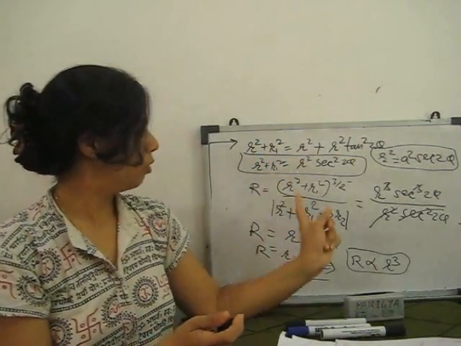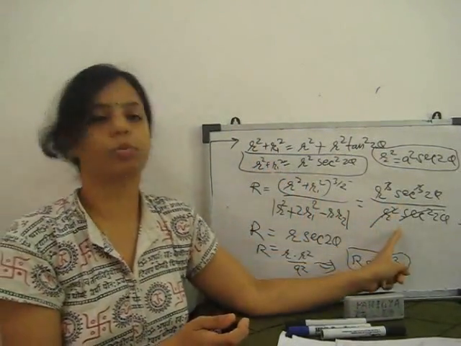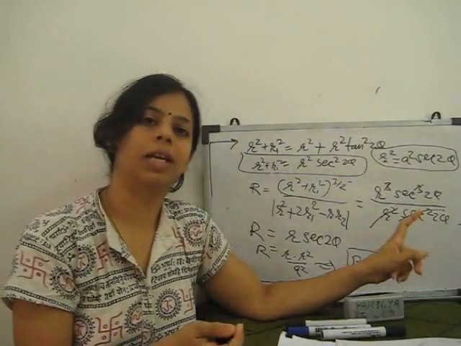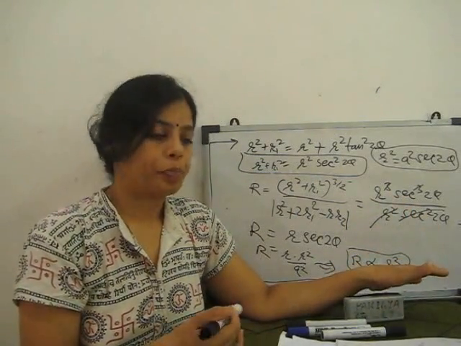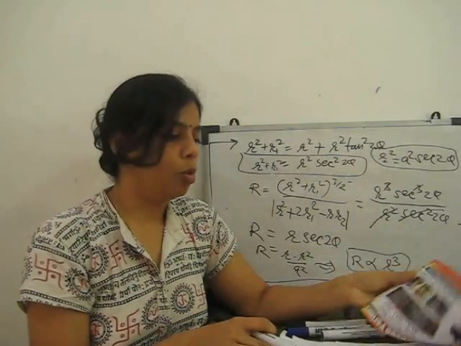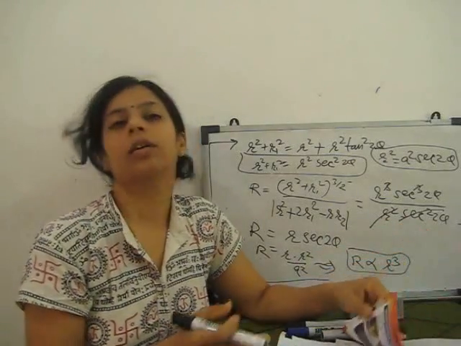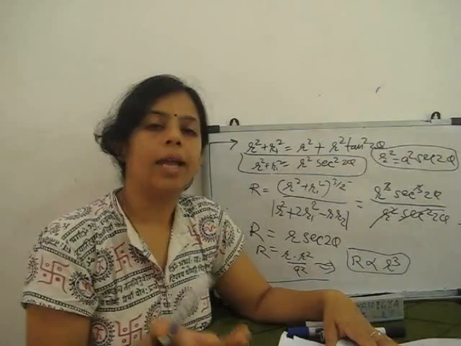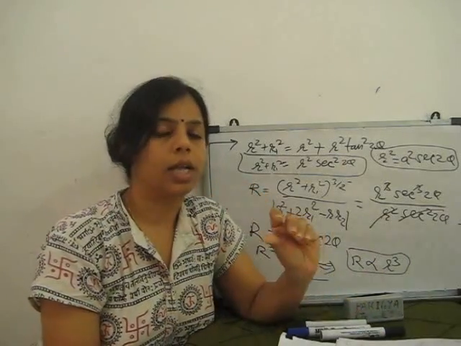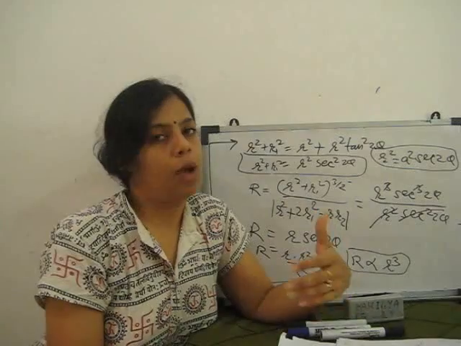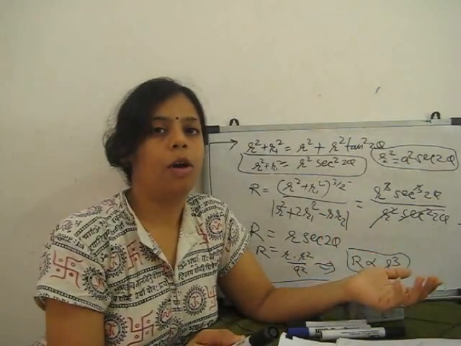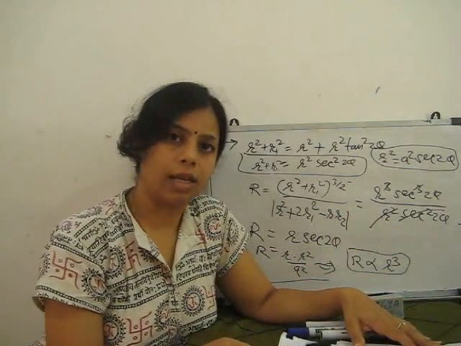Then we substitute, simplify, and we definitely get the solution. Clear? That's all. Next we will go for more radius of curvature topics: the pedal equation, radius of curvature at the center, Newton's formula, and center of curvature. I will give you more formulas and more examples on that. Thank you very much.